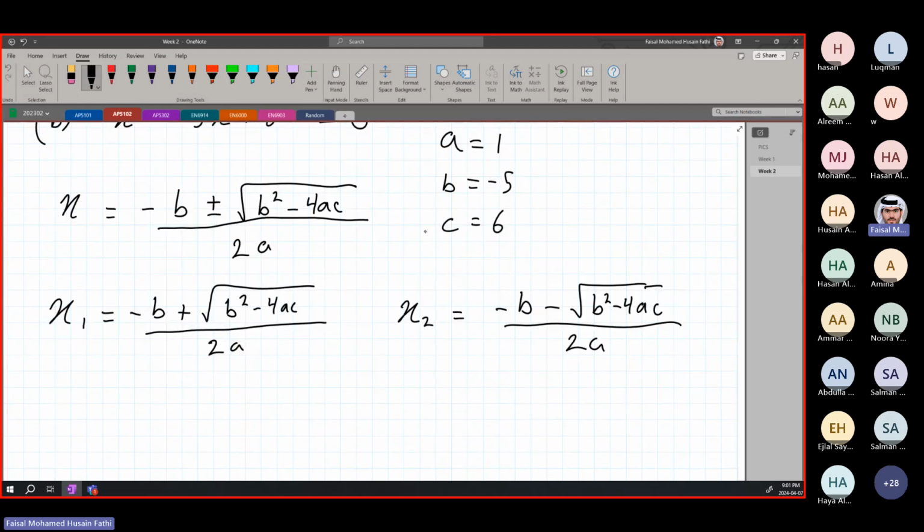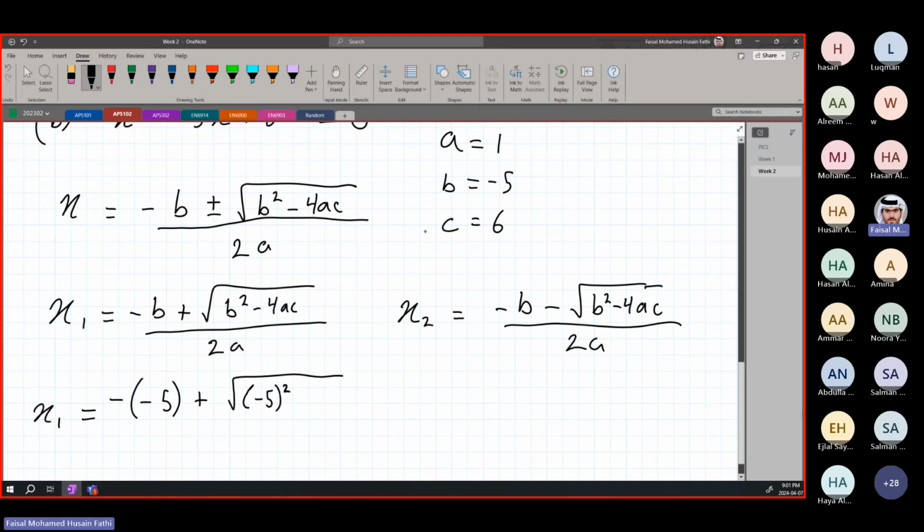So we have a is equal to 1. We have b is equal to minus 5. So minus minus 5 plus square root of minus 5 squared minus 4 times a, which is 1, times c, which is 6, all over 2 times a, which is 2 times 1.